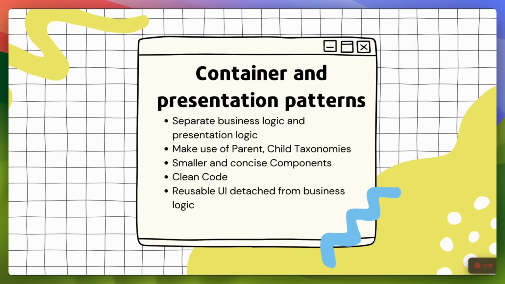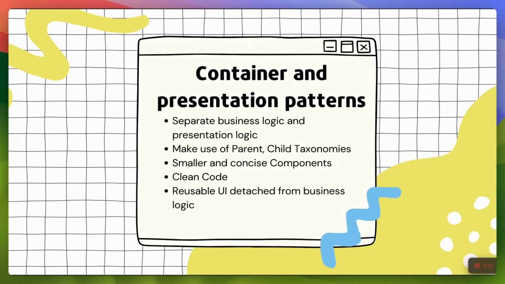The parent component is called the container component and will house all the business logic of the component. The child component is called the presentation component and will house only the UI code for the component. The parent component will embed the child component so that together they both combine the business and UI logic.